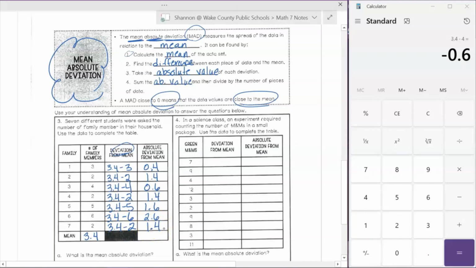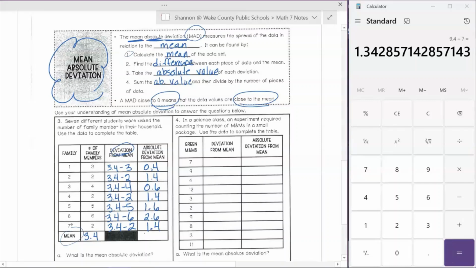So once we've got all of these, we're going to do the mean again. So we're going to add them up. We get 9.4. We added 7 numbers. We divide by 7.